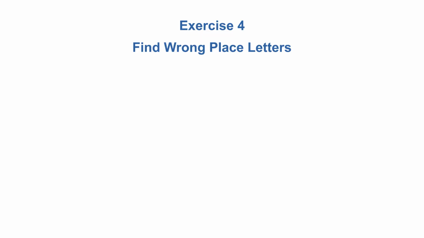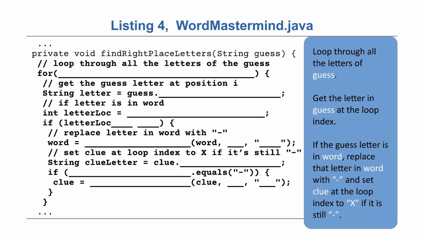Exercise 4. Find wrong place letters. Loop through all the letters of guess. Get the letter in guess at the loop index. Hint: use substring to get the letter. If the guessed letter is in word, replace that letter in word with a dash and set clue at the loop index to X if it is still a dash.